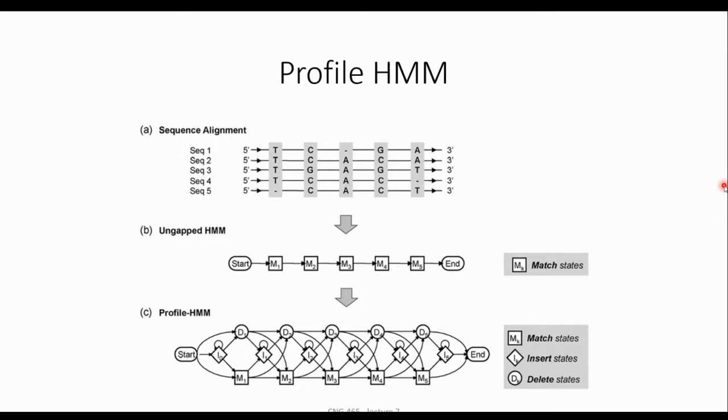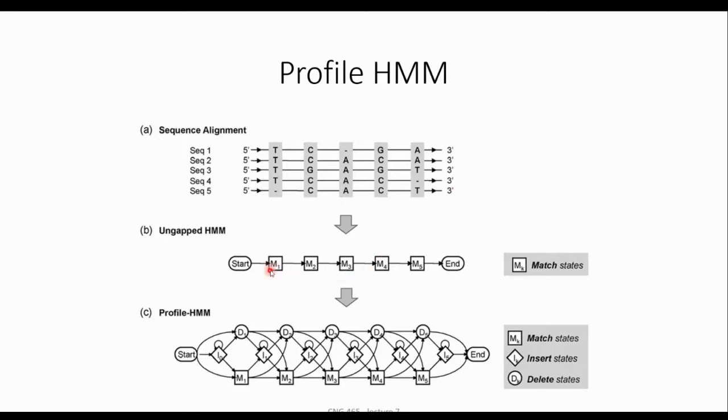So you're already familiar with profile HMM. We talked about it in the previous session. So assume that we have multiple sequences, whether DNA or protein, it doesn't matter, the procedure is the same. What we try to do is to find the conserved regions first, and we show them by match states.